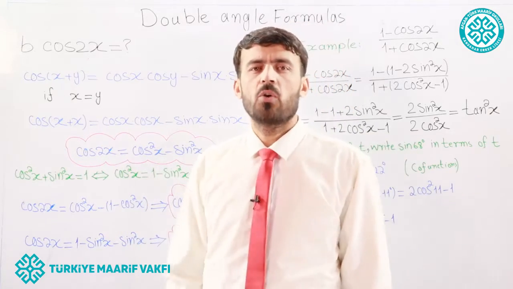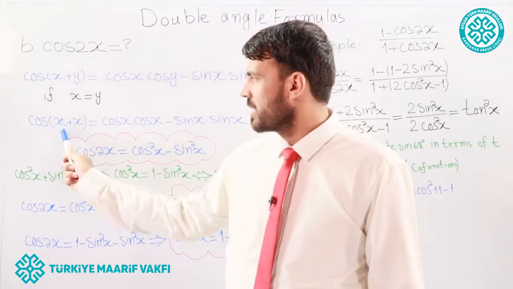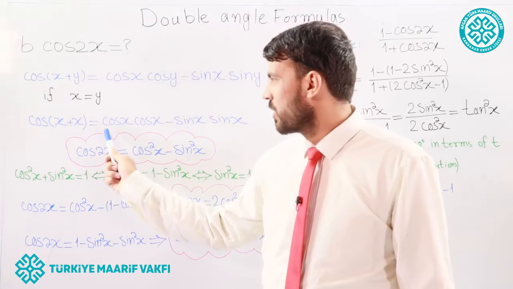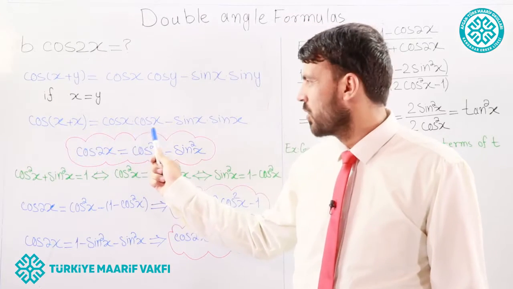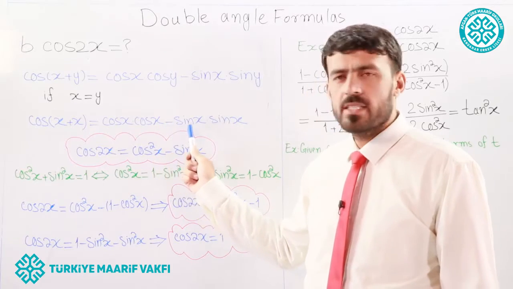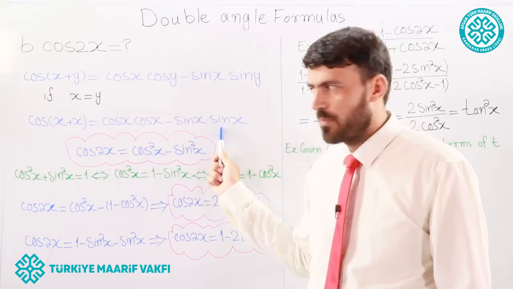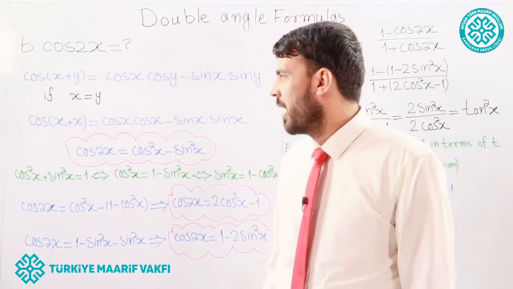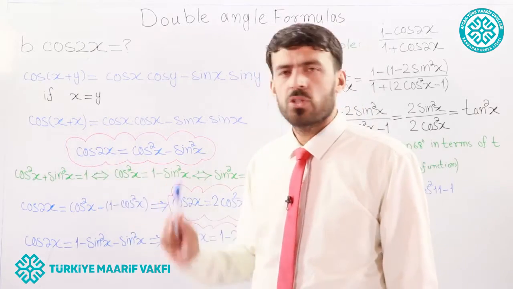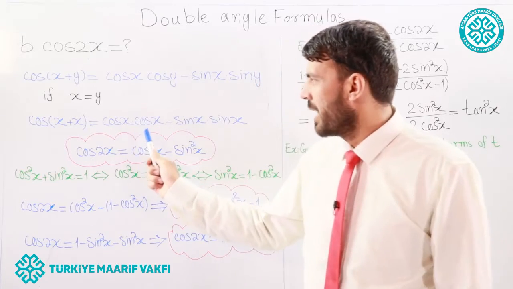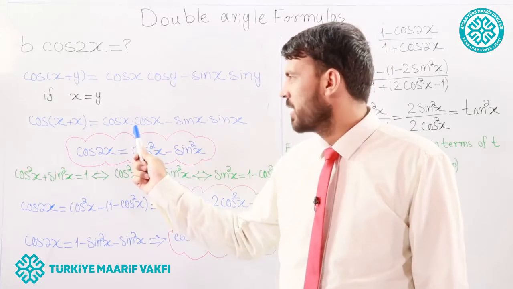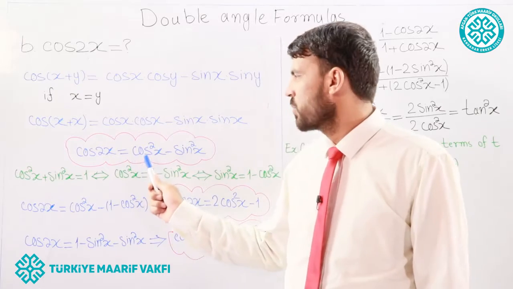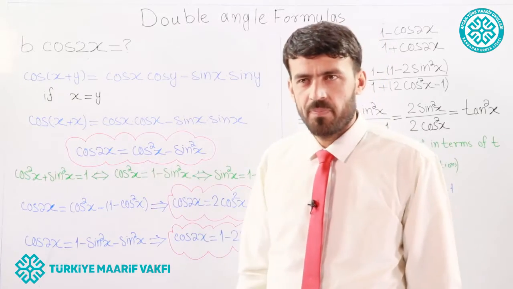So the formula will become cosine x plus x equal to cosine x cosine x minus sine x sine x. These two x's will be added together and we will have cosine 2x. Cosine x will be multiplied by cosine x, and this will be cosine square x.